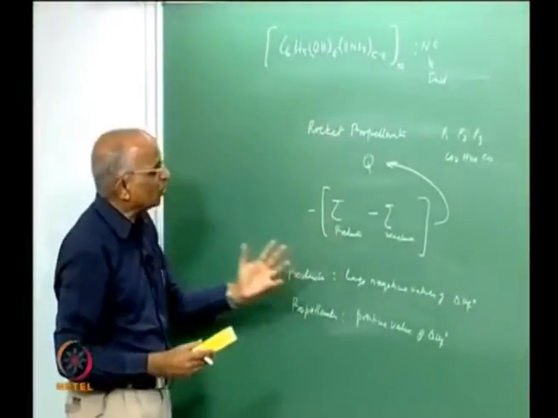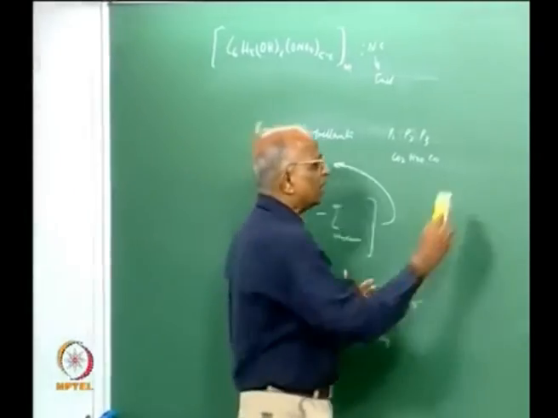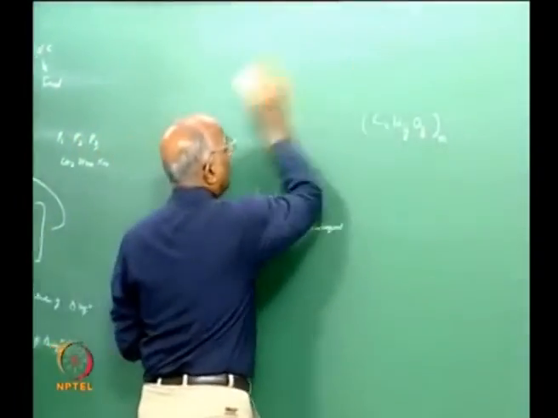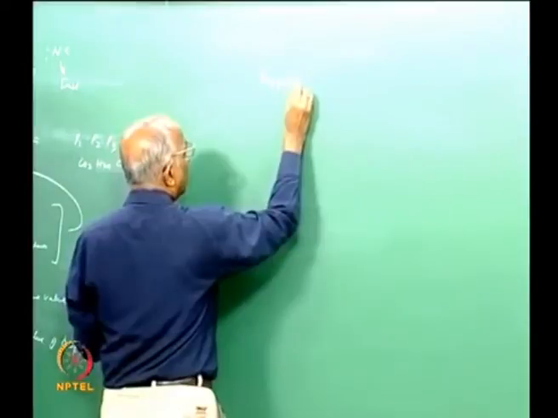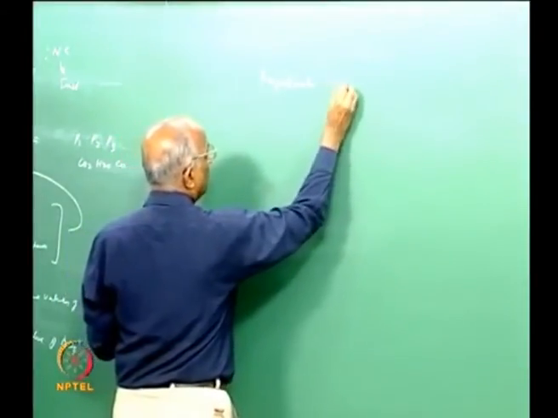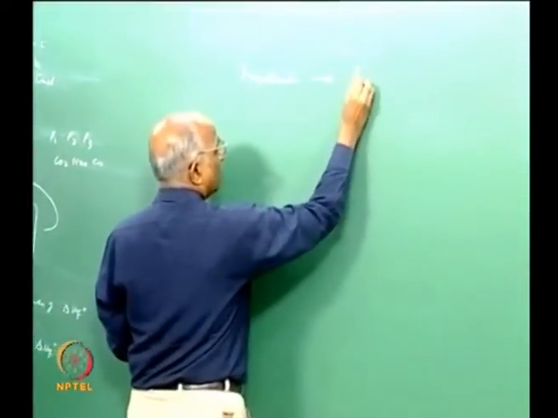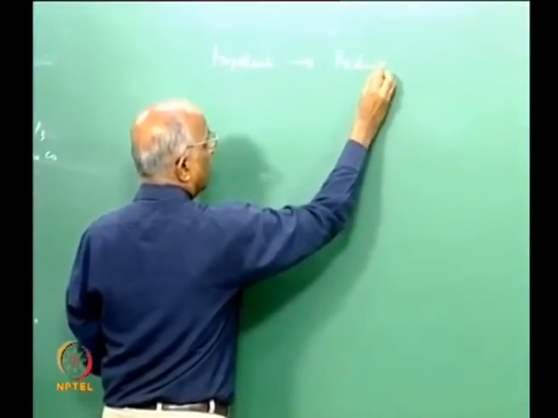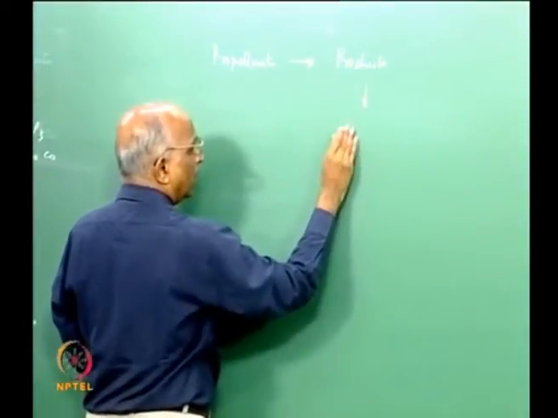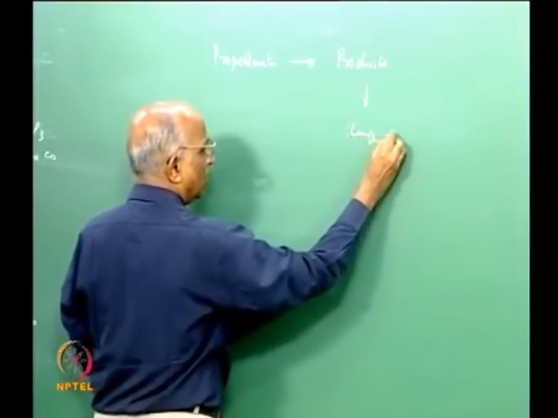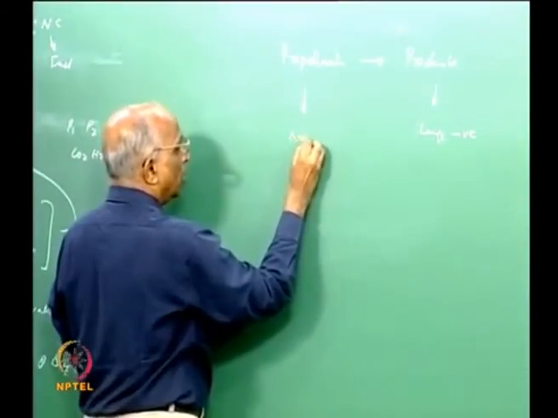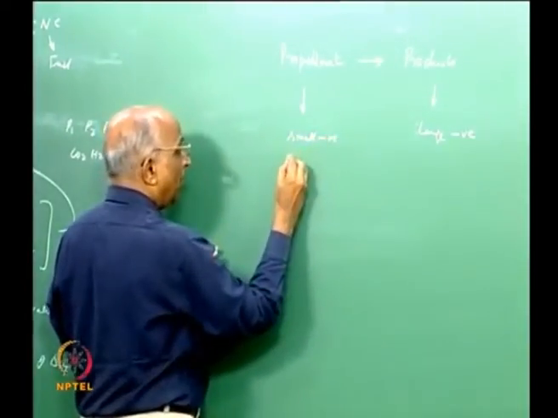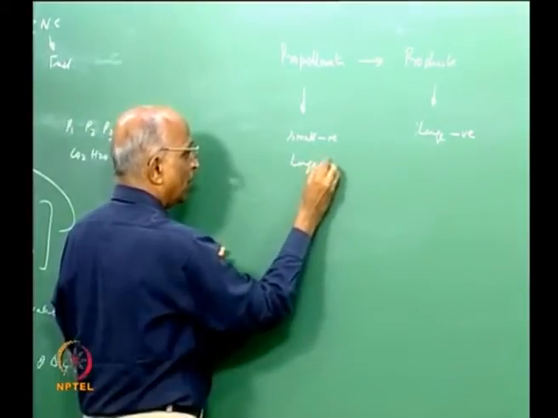Therefore, based on these logics, if I have a single chemical or a single substance going as propellant, maybe or a combination of propellants, giving me something like products, the products should have large negative values, whereas the propellants must have small negative, or better to have a large positive value.